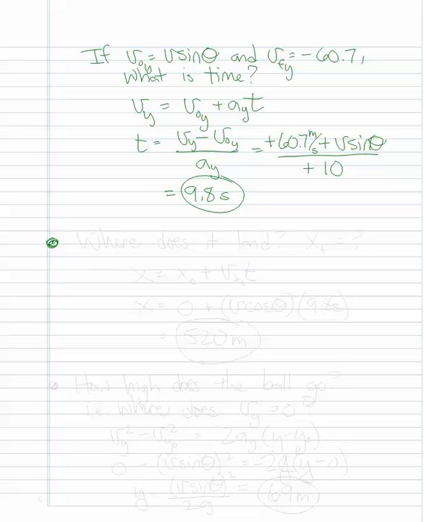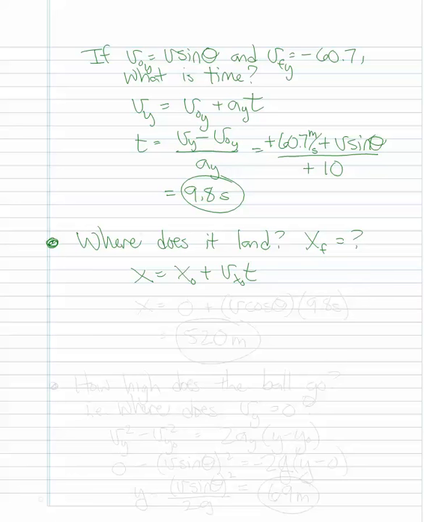Okay, so here's the next question. The next question is, where does it land? What is this asking? This is asking what x final is. Well, that's a pretty simple equation because there's only one kinematic equation in the horizontal direction. It's x equals x naught plus v_x naught t.